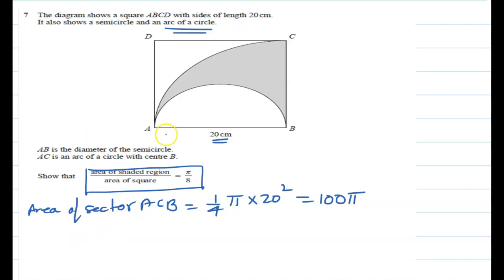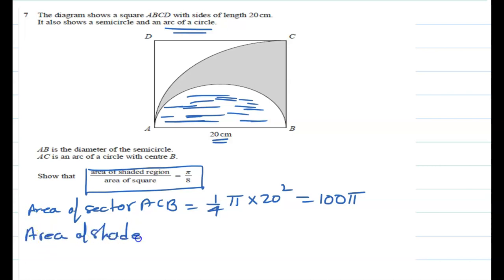Now let's find the area of the shaded semicircle. The circle area is pi r squared and it should be divided by 2.